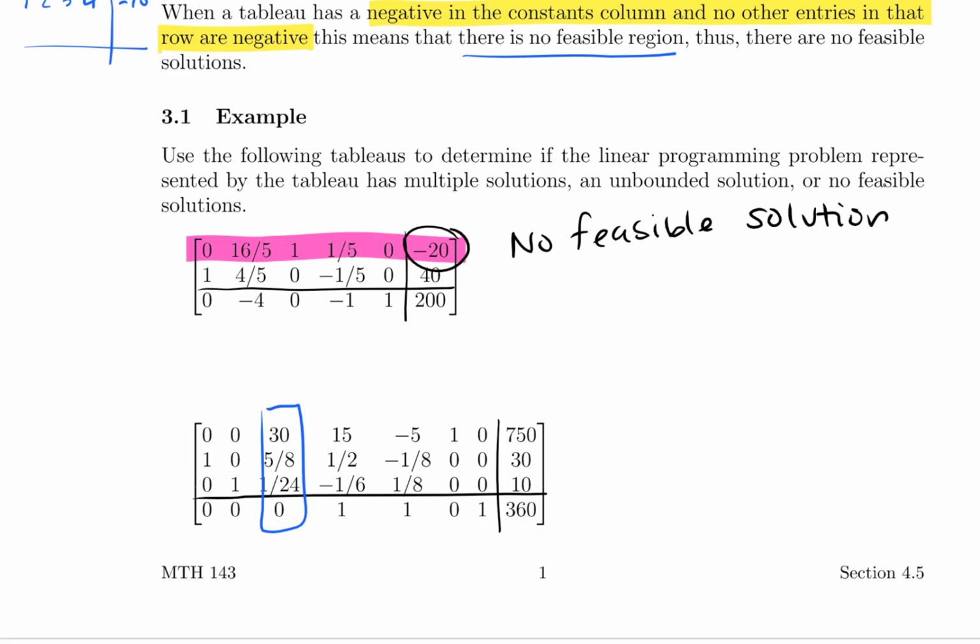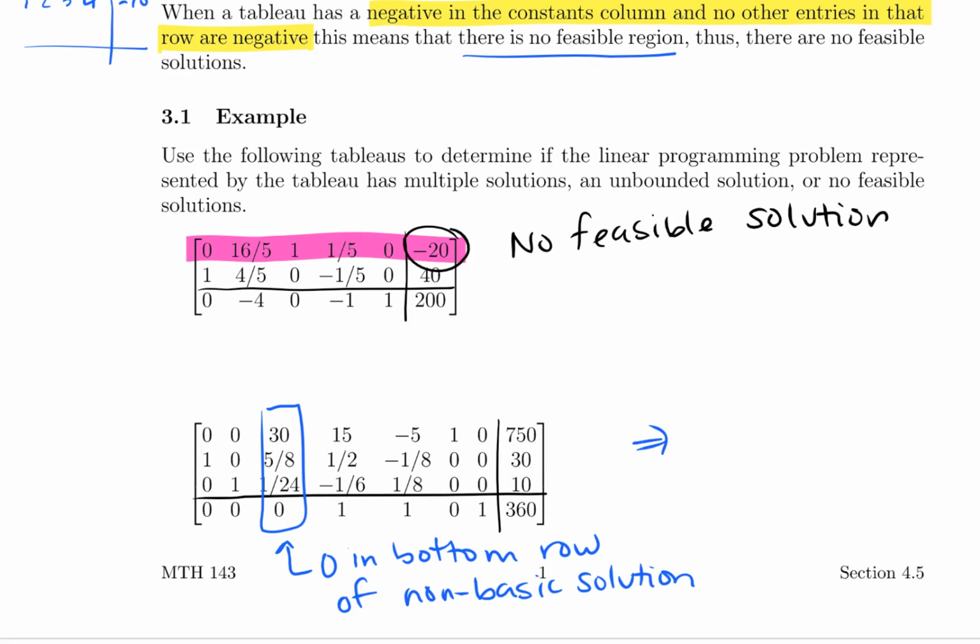So this is a 0 in the bottom row of a non-basic column. And so this tells us that we possibly have multiple solutions.